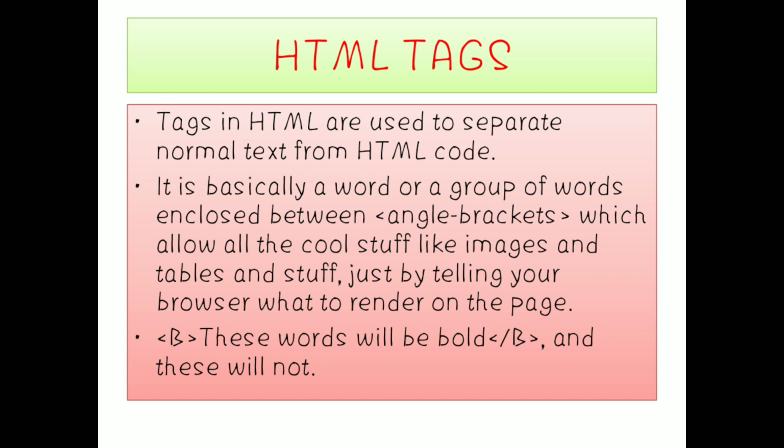Once I have closed that bold tag, the remaining text will not be bold. Whatever text is between the bold tags will only be shown in bold. Remaining text will not be in bold. Okay children. I hope you all have an idea of HTML because you already learned about HTML in 8th class.